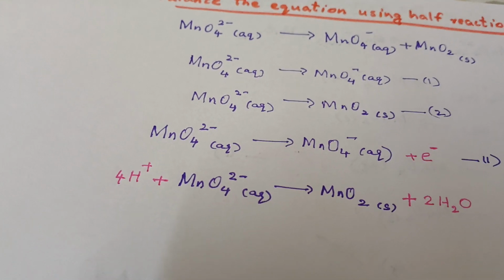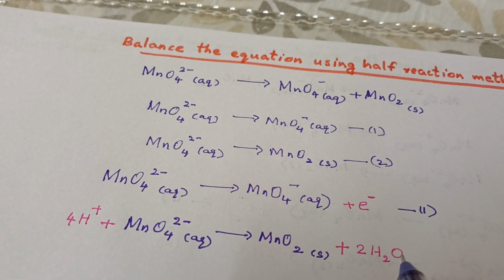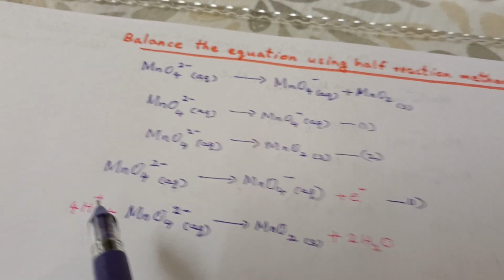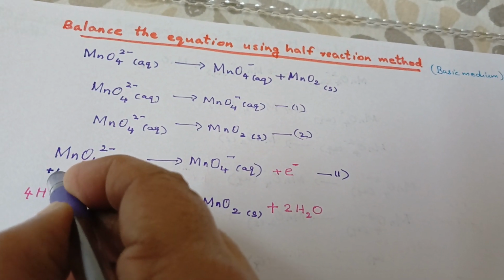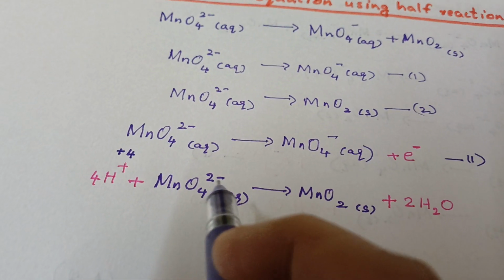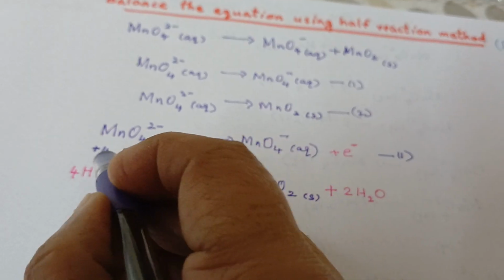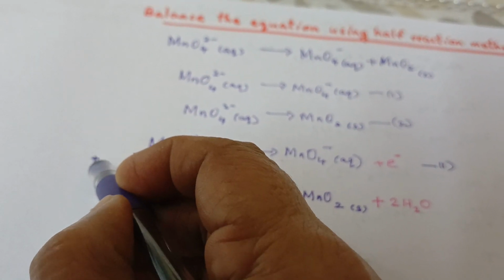Now let us look at the charges. There is no charge on the right hand side, whereas on the left hand side we have a plus 4 from the 4 H plus ions and a minus 2 on MnO4 2-. So plus 4 and minus 2 will give us a resultant charge of plus 2.